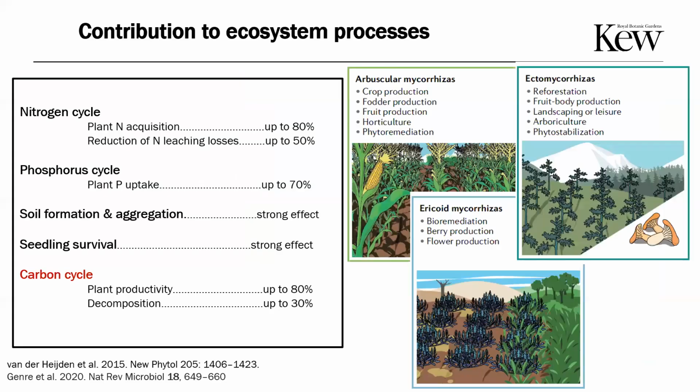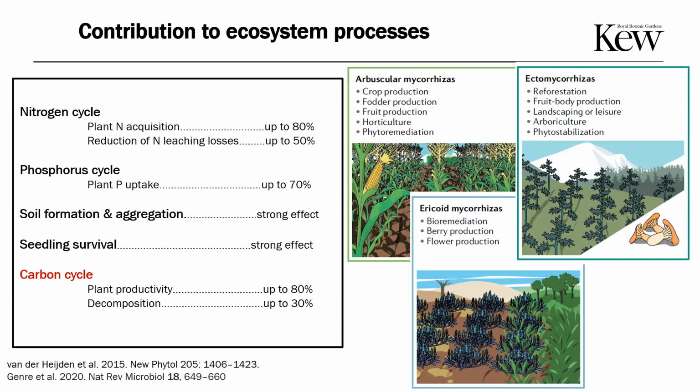So why do we study them? We know that they can have different applications in restoration, crop production, berry production, but we also know that because they take nutrients and transfer them to the plants, they are directly involved in the nitrogen and phosphorus cycles. They also, through mineral weathering and exuding compounds that make agglomerates of soil bigger, are involved in soil formation and aggregation.